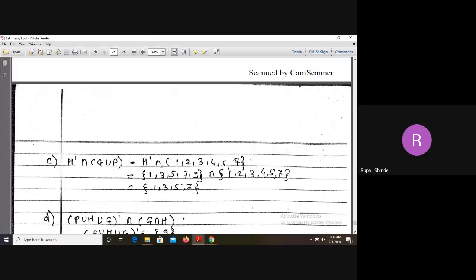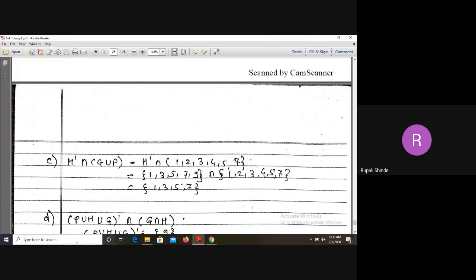Then we have to take its intersection with G union P. So G union P is 1, 2, 3, 4, 5, and 7. So we now take the intersection, because the elements that are common between these two sets will give you the answer as 1, 3, 5, and 7.